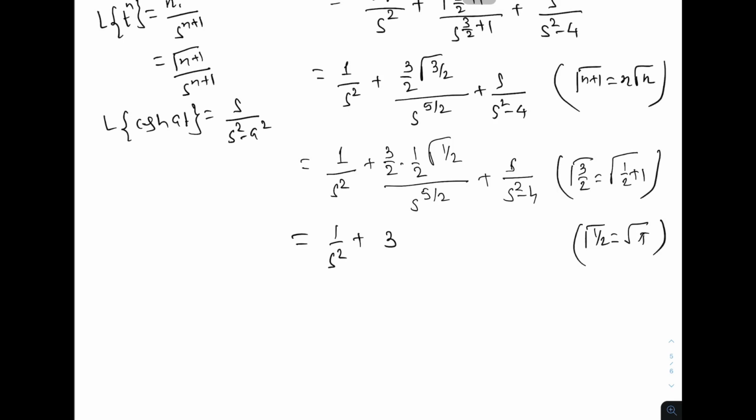So this is 3 root pi over 4 s power 5 by 2 plus s over s square minus 4.